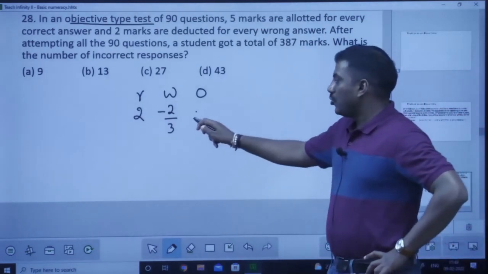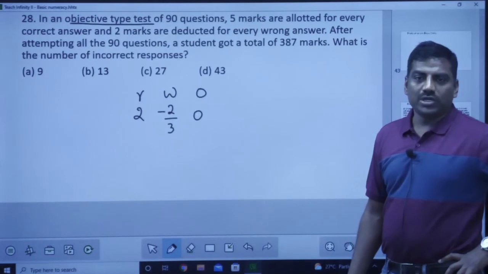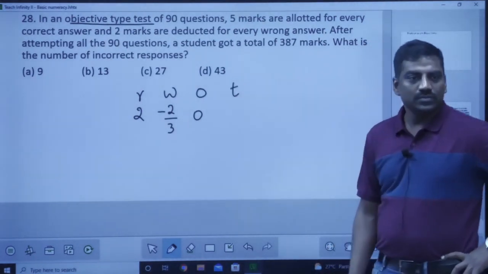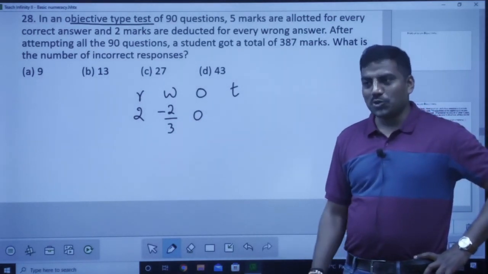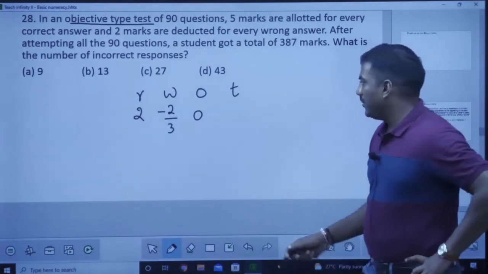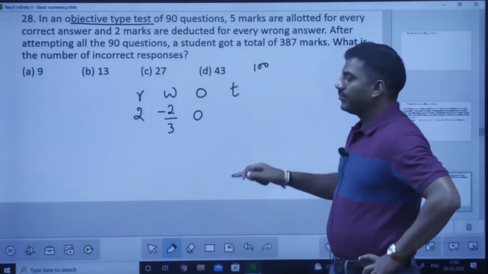For that, there is no penalty, but the marks allotted is 0. Then you find out the total. Yes or no? If you know how to calculate your score at the end of the day, it is good. Usually we get, what? Total number of questions will be 100.